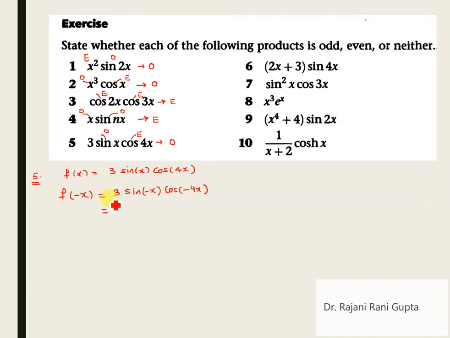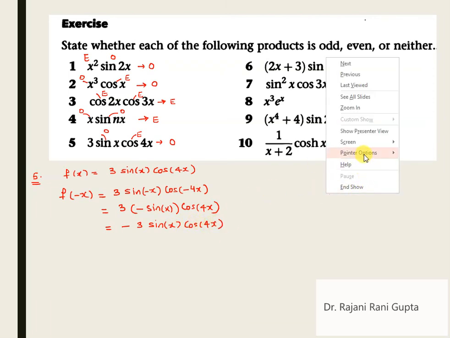We know the property of sine, it is a negative sign, it will come outside, minus sine x. For cosine, we know that it absorbs the sign, so it is cosine of 4x. So now we keep the sign in the front, minus 3 sine x cosine of 4x.